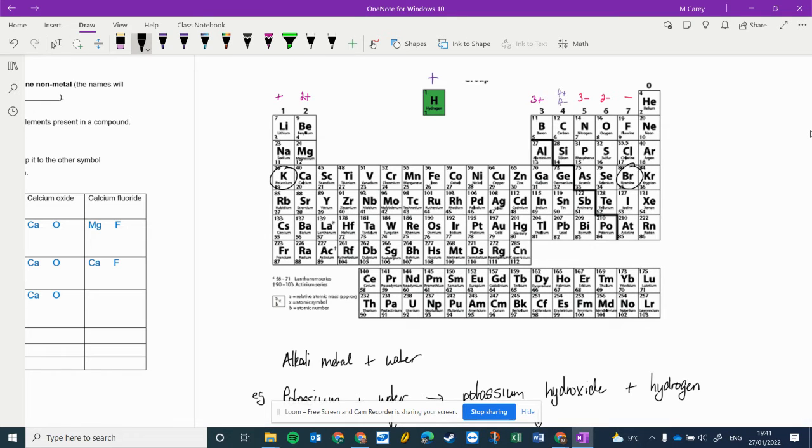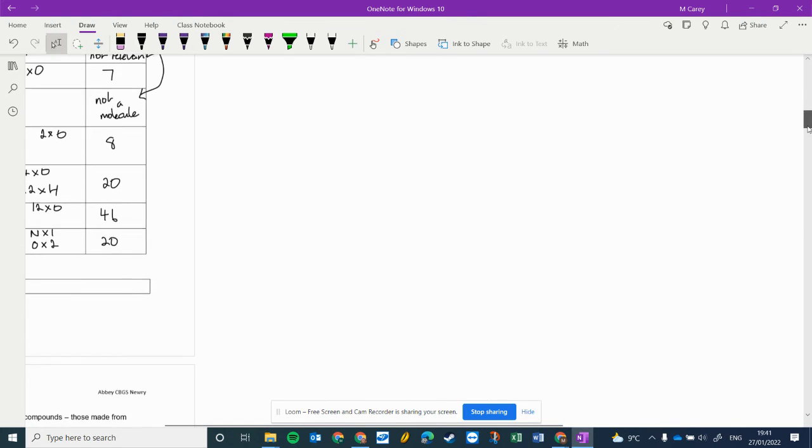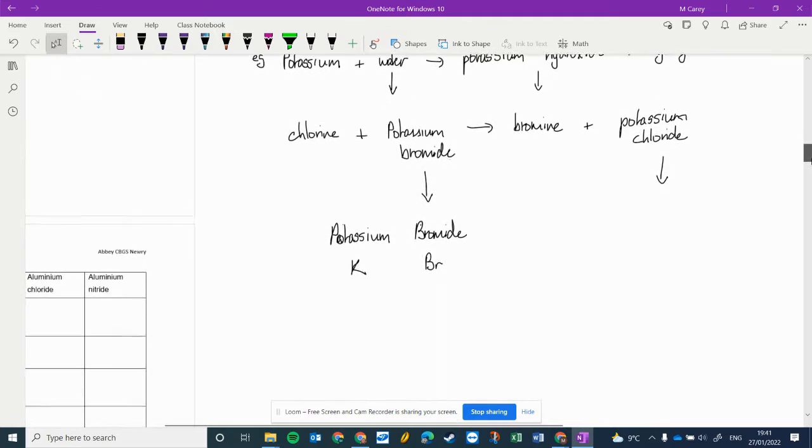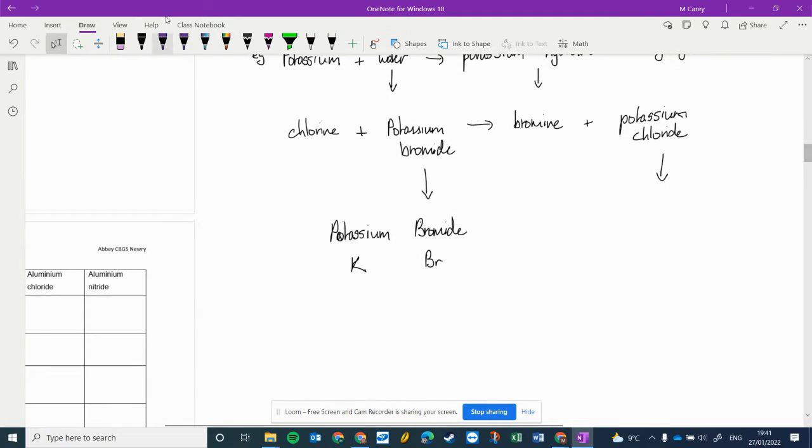Now, the next thing to look at is the charge of their ions. So they are plus and minus. If we scroll down, we're going to put the charges in.